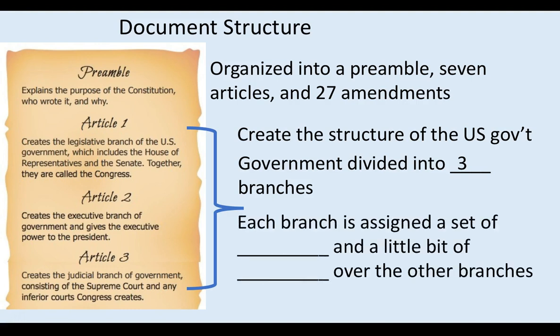Now, what's interesting about each of these branches is that they are assigned a set of power, and because of the structure the founders used, they wanted to make sure that each branch also had a little bit of control over the other branches, what we'll later discuss as checks and balances on each other. They did not want any one to become too powerful. So let's fill in our missing info there.